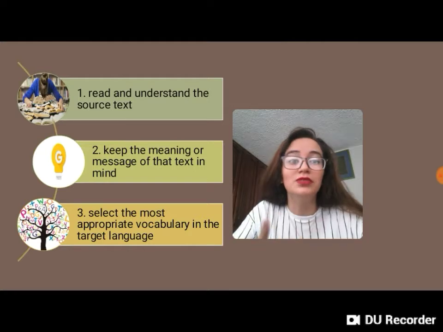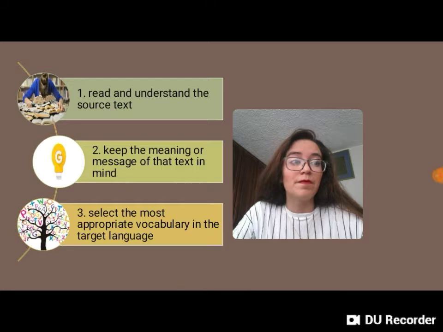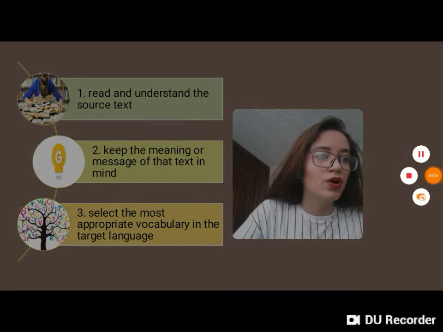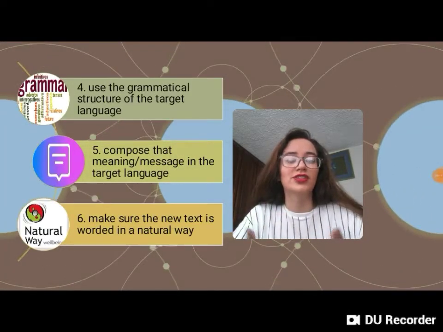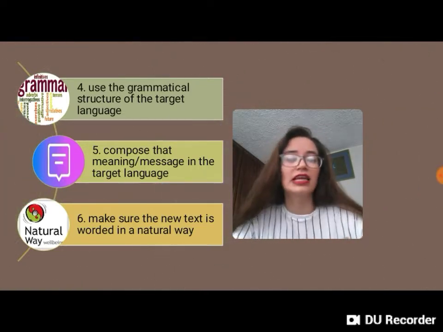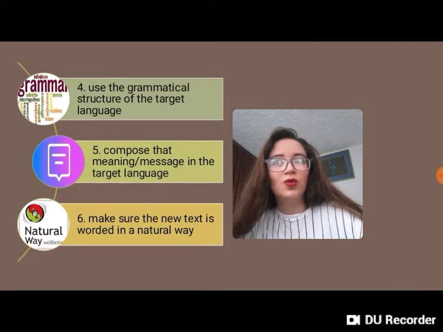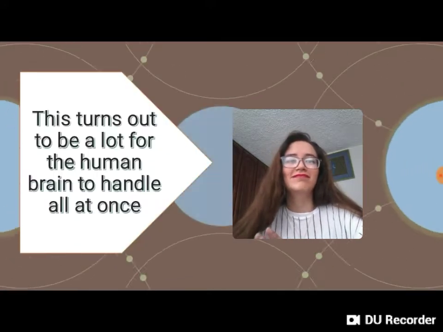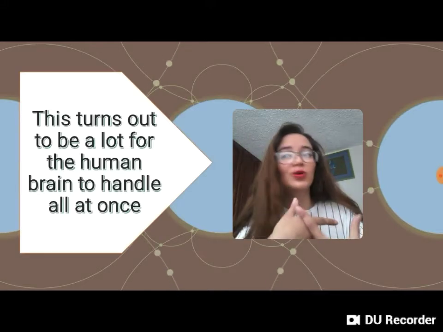We have to keep the meaning or the message of the text. We have to use the grammatical structure of the target language. We have to compose the message in the target language. We have to make sure that the new text is worded in a natural way. You can see that it turns out to be a lot for the human brain to handle at once.